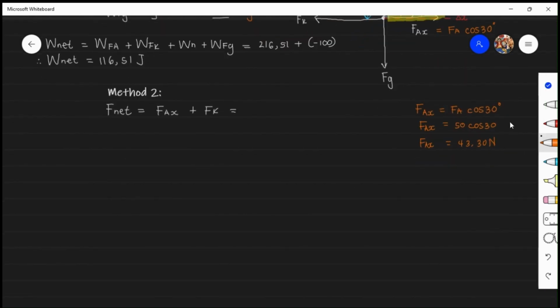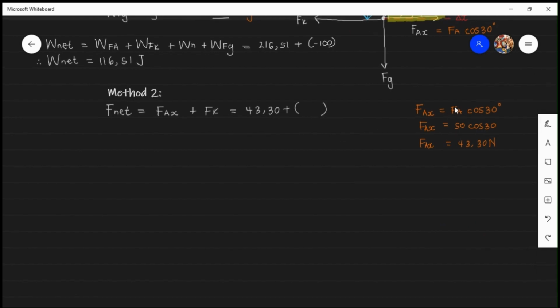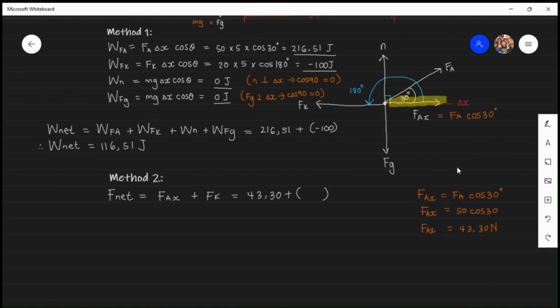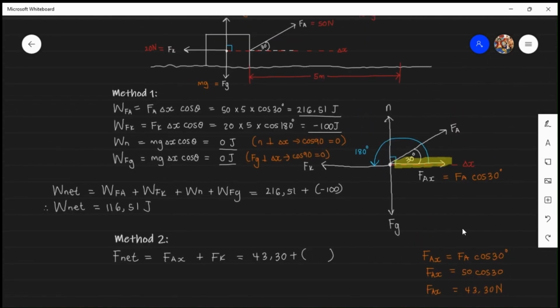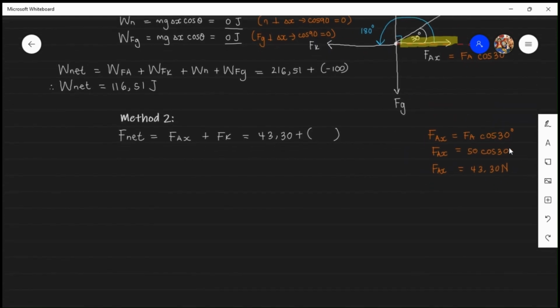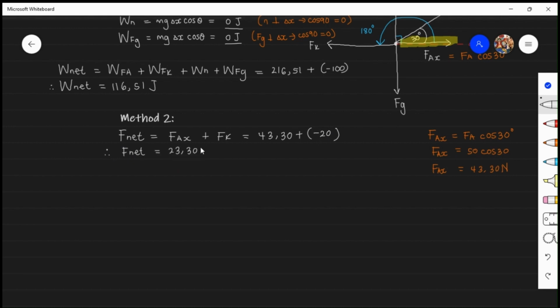So let us now substitute this into our formula. Now, our value of kinetic friction is going to be negative 20 newtons because it is in the left direction and we took right as positive. Therefore, our value of F net is going to be 23,30 newtons.